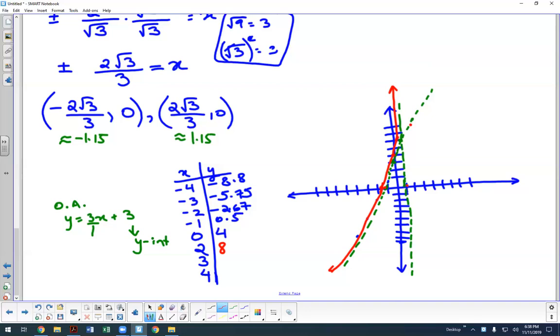It should be somewhere over there. At +3, 11.5. Well, I guess that's beyond my scope. And 4, 14.6. Okay, so that's the part where it's going to keep going up.